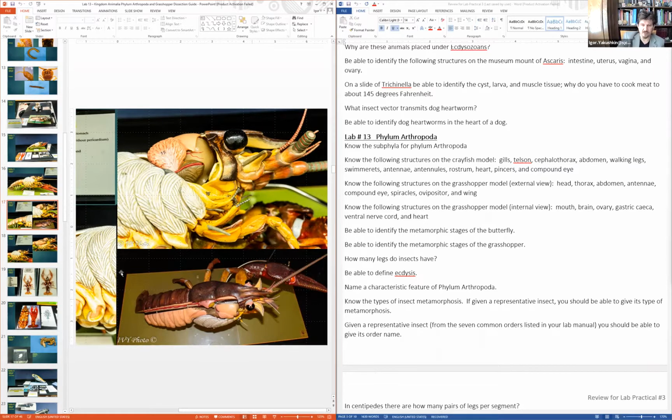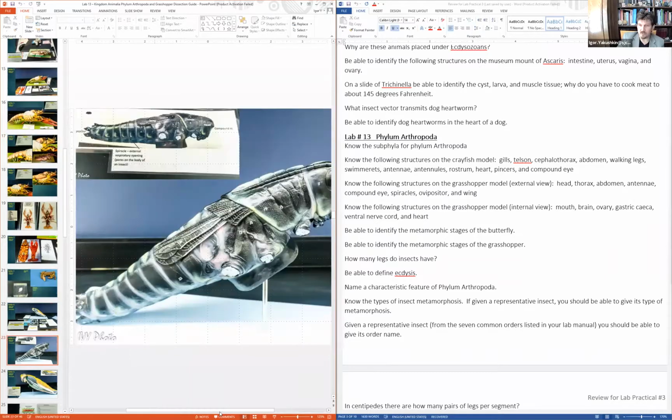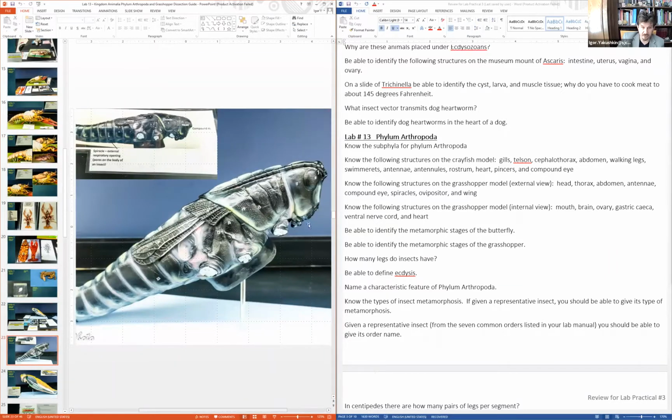Following are the structures on the grasshopper's outside. Spiracles are tiny little openings on each of the segments. This is how the air gets in. Then we need to look at the head, compound eye, antennas, the wings.